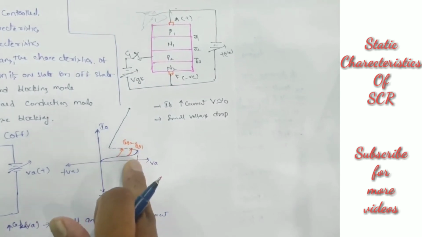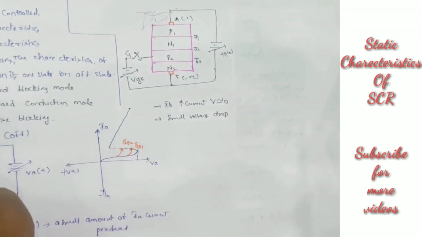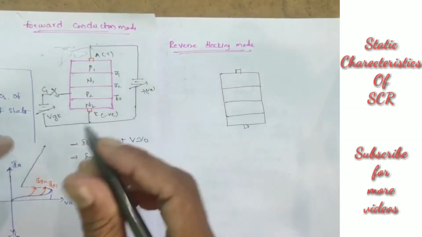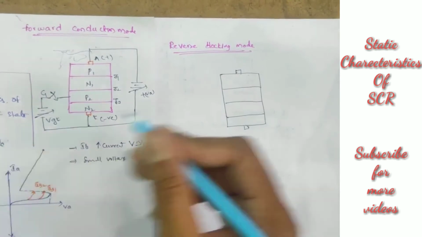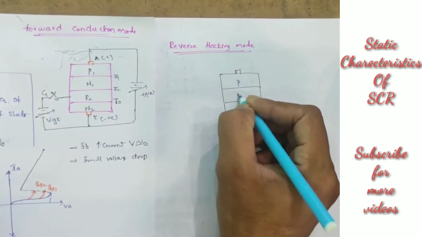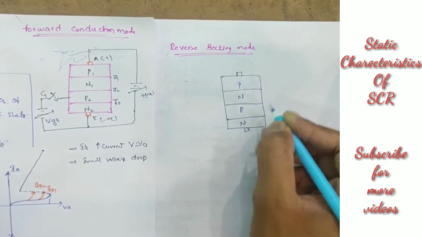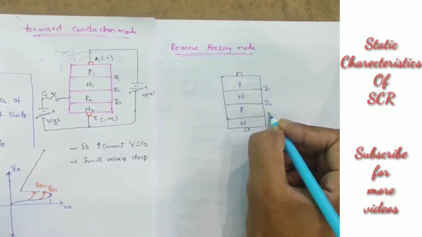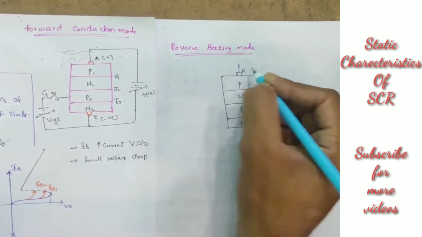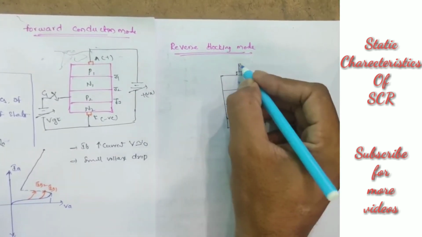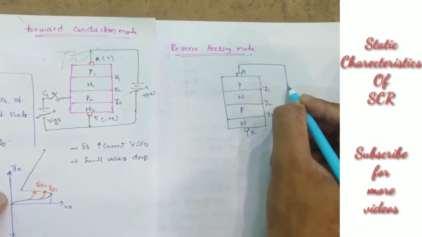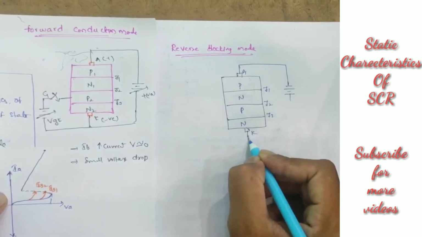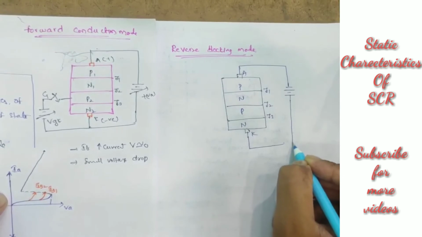I hope you understand. Then we will discuss the reverse blocking mode. I already discussed the reverse blocking mode. This is PNPN, 4 layers, 3 junctions, J1, J2, J3. This is the anode, this is the cathode. The anode is negative to the supply, whereas the cathode is positive to the supply.